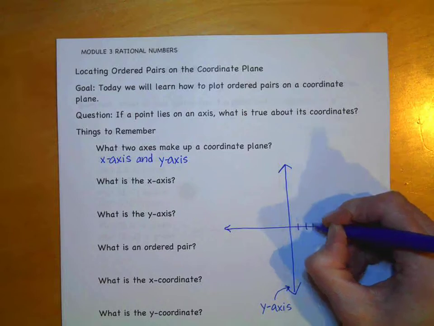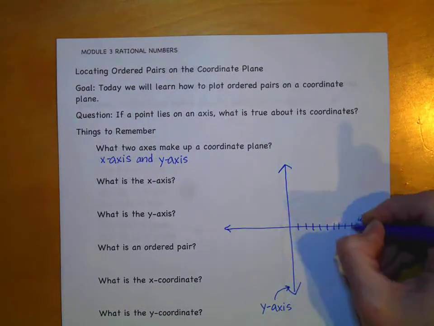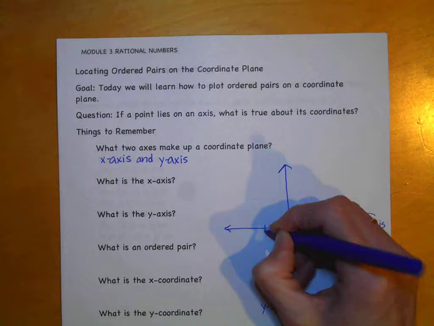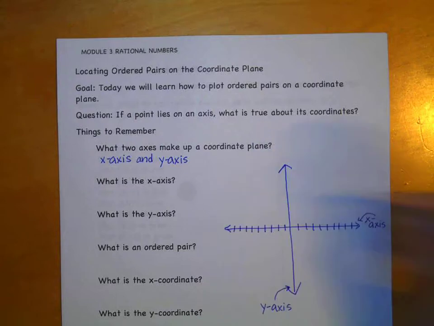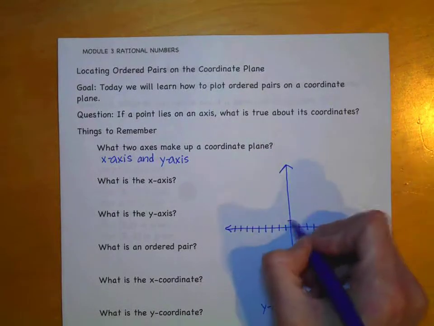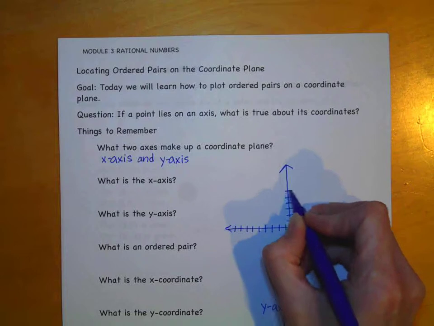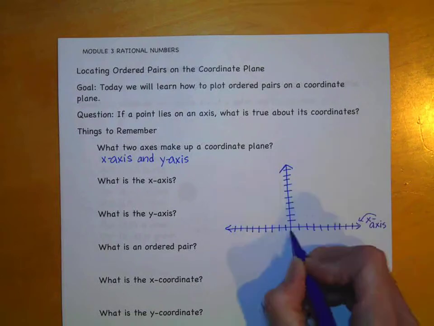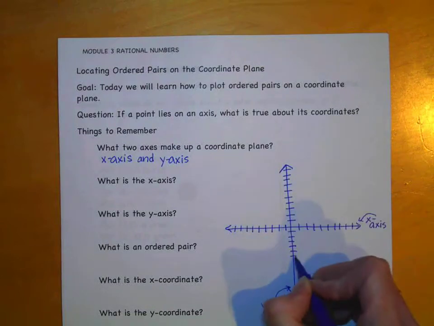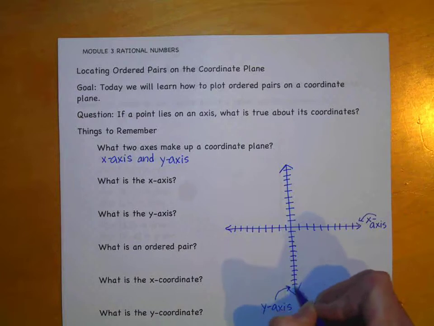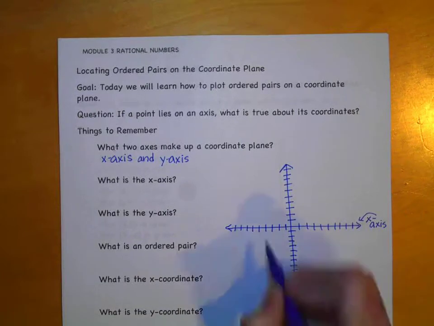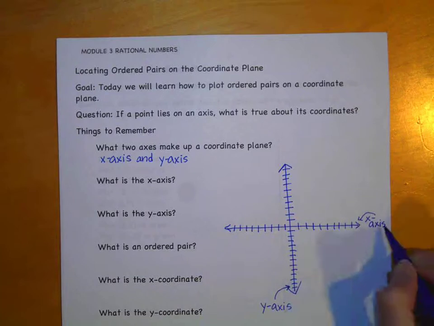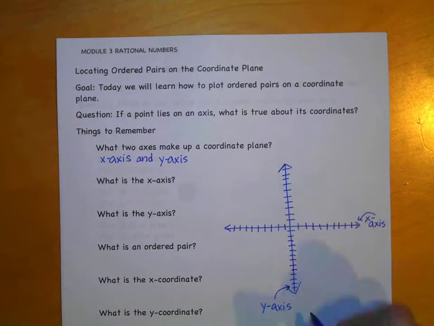Usually they look something like this, where they have the actual number lines already included, because remember, we're doing lots of work with number lines this module. We have a vertical number line going up and down, and a horizontal number line going to the left and to the right. The horizontal number line is called the x-axis, and the vertical number line is called the y-axis.